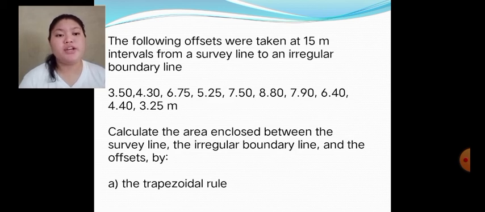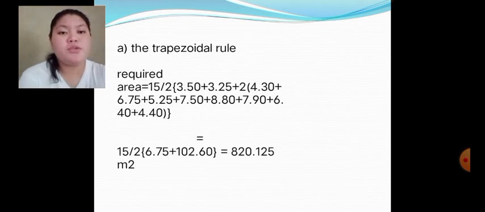Calculate the area enclosed between the survey line, the irregular boundary line, and the offsets by the trapezoidal rule. The required area equals 15 over 2 times (3.50 plus 3.25), where 3.50 is the first offset and 3.25 is the last offset.